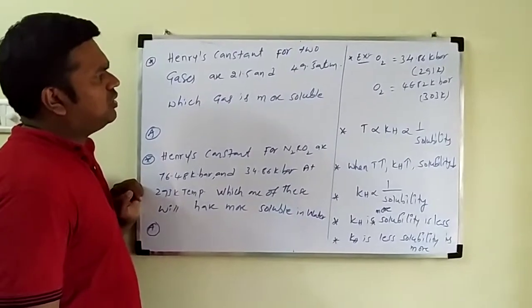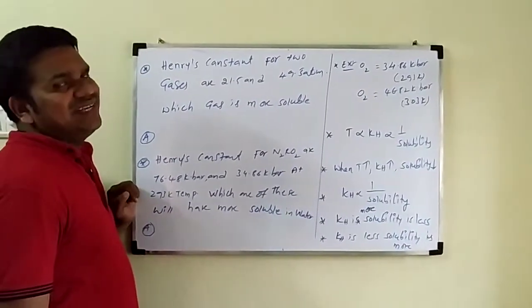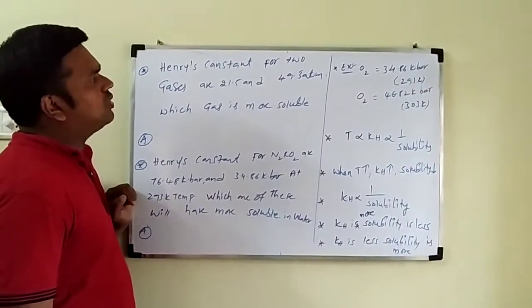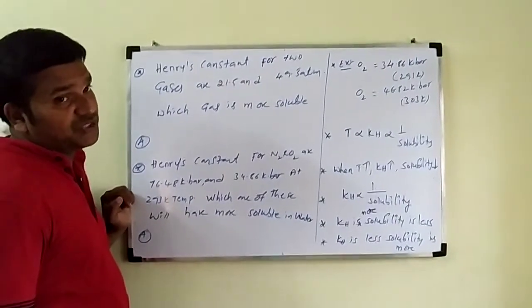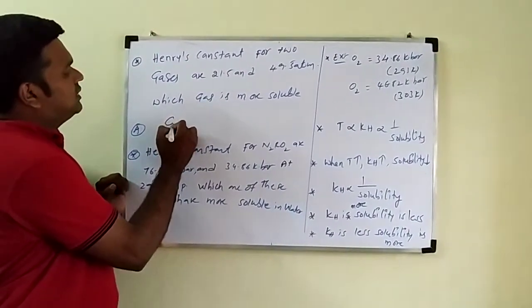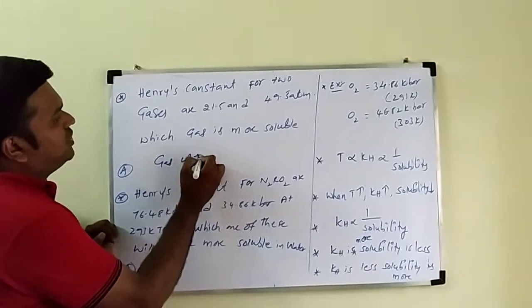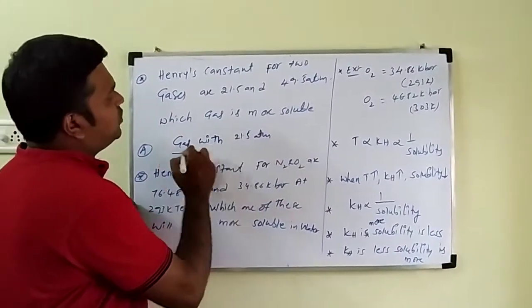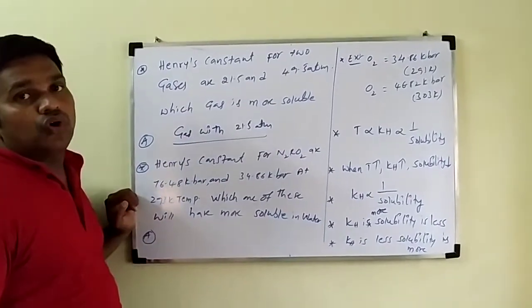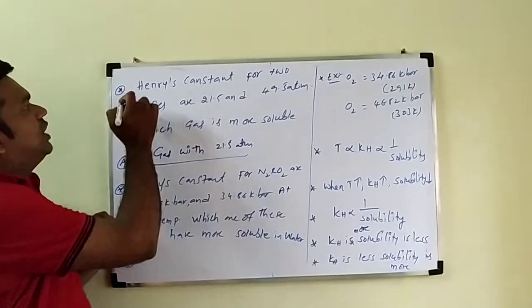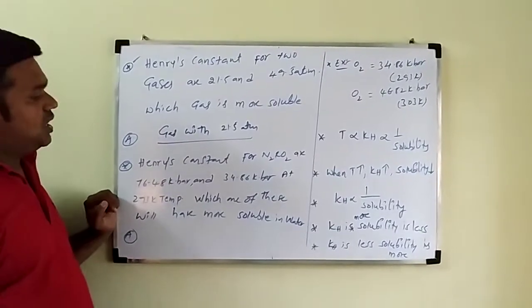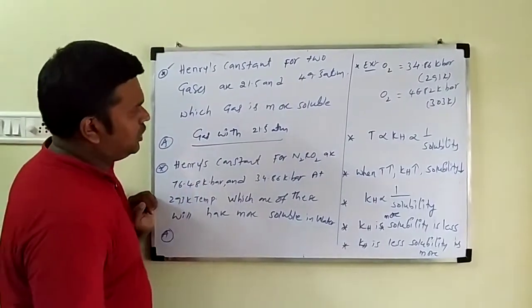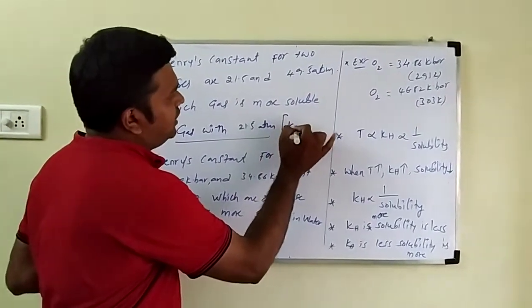More soluble means the gas having the least KH value. So the answer is the gas with 21.5 atmosphere is more soluble. You can also write the concept here.